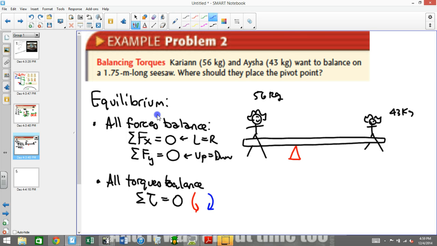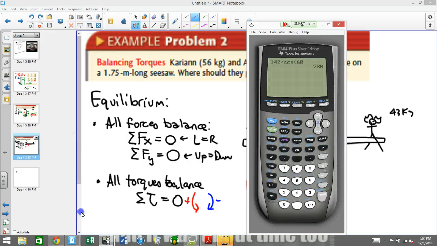And a lot of times, sometimes I like to call these negative, and I like to call these positive. It doesn't really matter which one's which, just so long as you understand that they're going in opposite directions. So here we go. This young lady has a mass of 56 times 9.8. So 56 times 9.8.